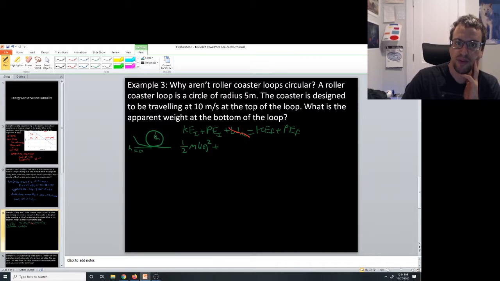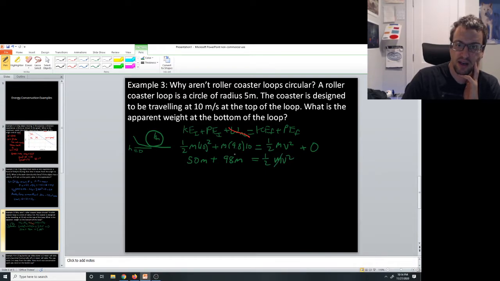At the top, it's 10 meters tall, so that's m times 9.8 times 10. This equals 1/2 m v squared, where v is the velocity at the bottom, plus the final potential energy, which is 0. So I get 50 m plus 98 m equals 1/2 m v squared.